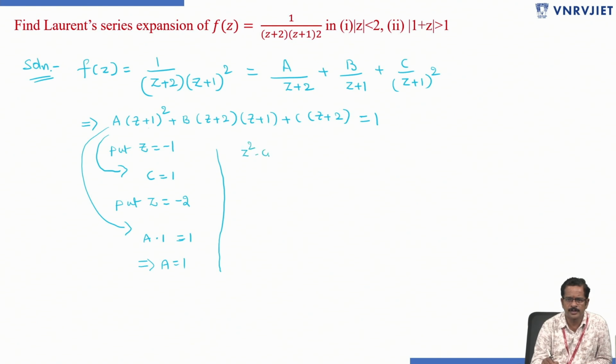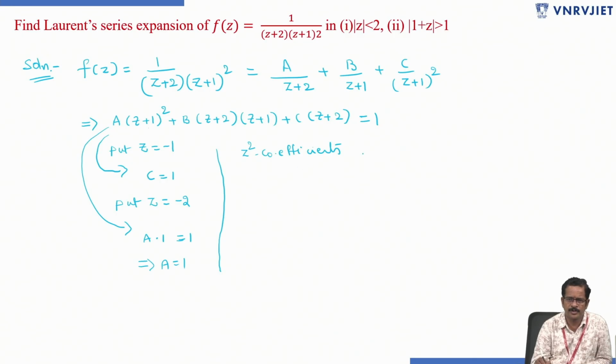Why? Because B is included in the z square coefficient, along with A, where A is known. Therefore, you can easily find B.